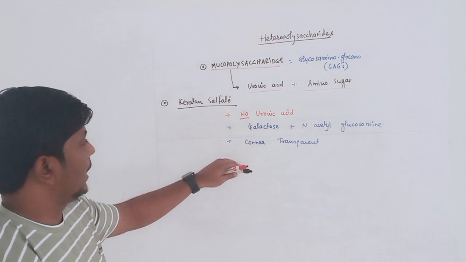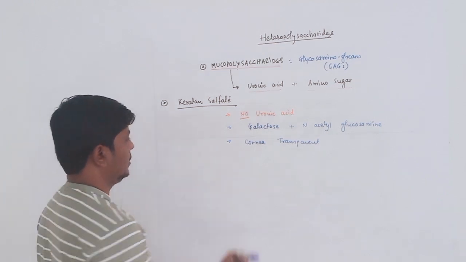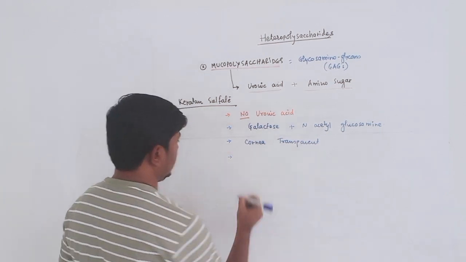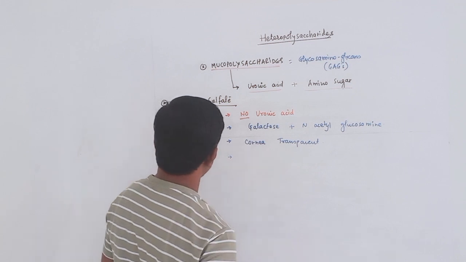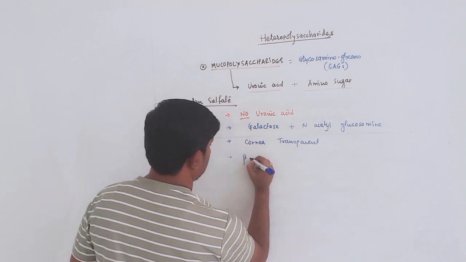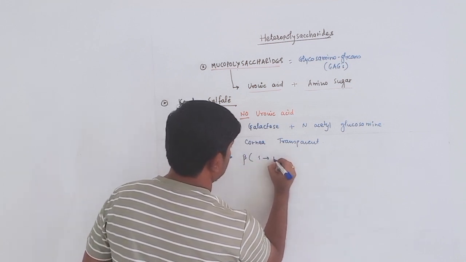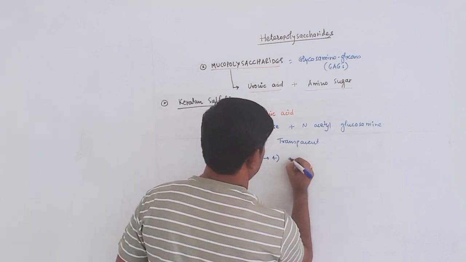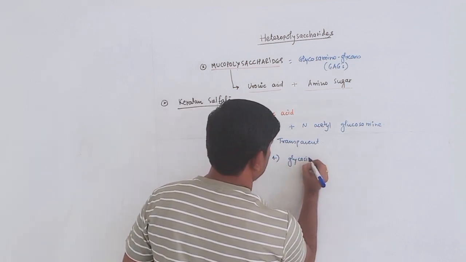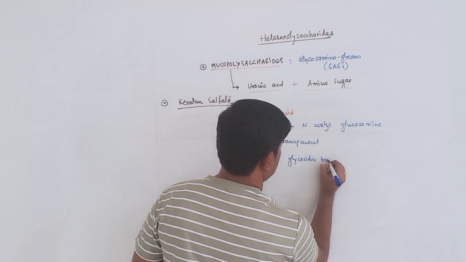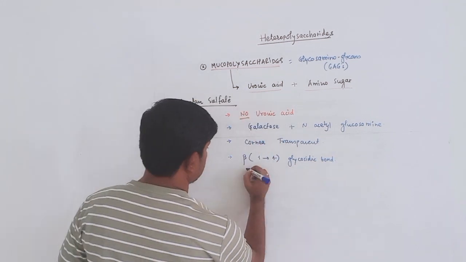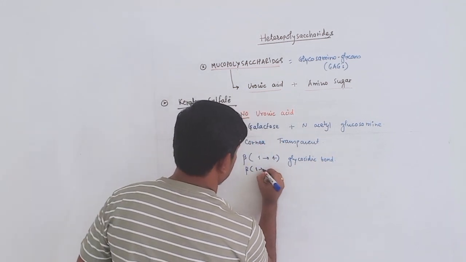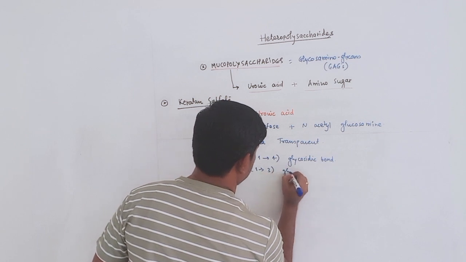And this galactose and N-acetyl glucosamine are linked together with the help of beta 1,4 glycosidic bond and beta 1,3 glycosidic bond.